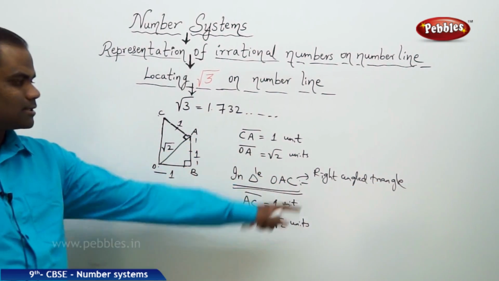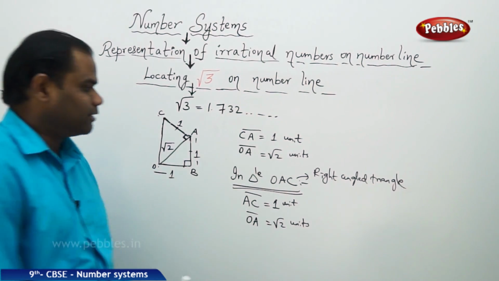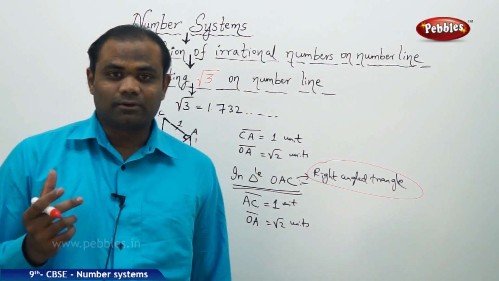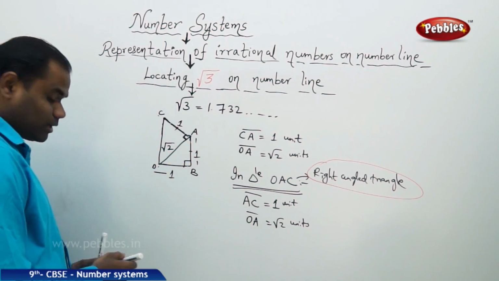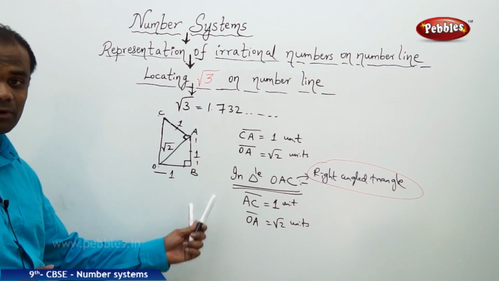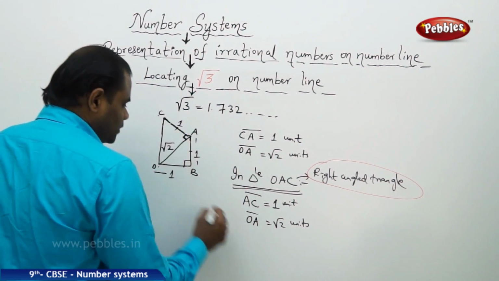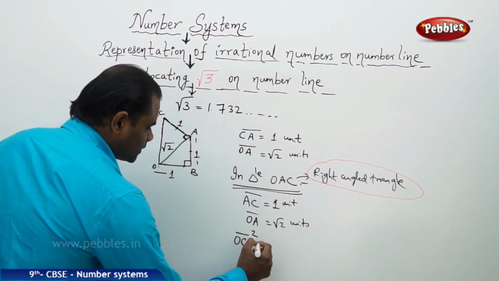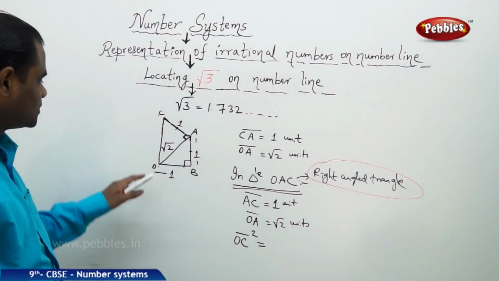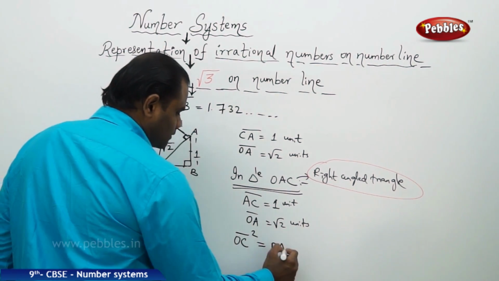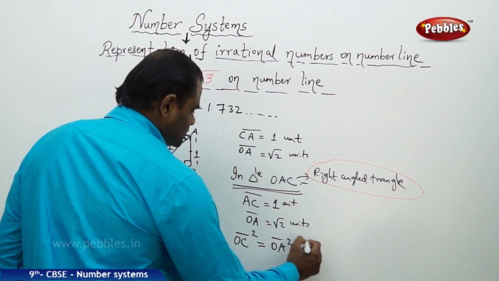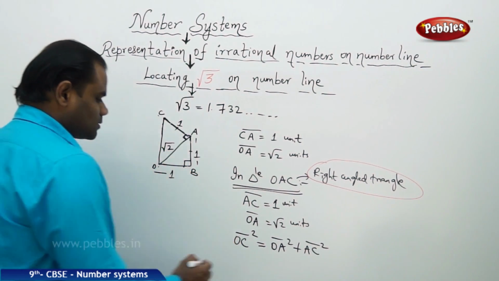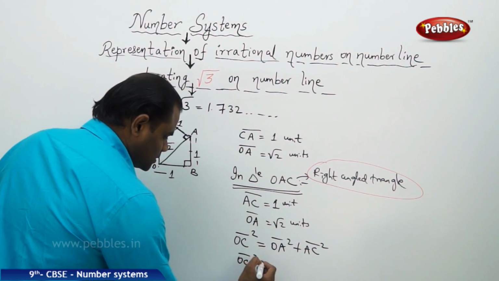So let's see what happens with Pythagoras theorem applied here. We know that in right angled triangle OAC, the hypotenuse OC square is the sum of squares of the other two sides, that is OA square plus AC square.